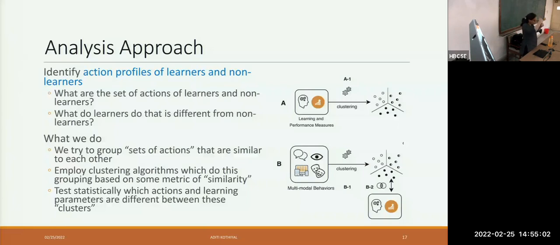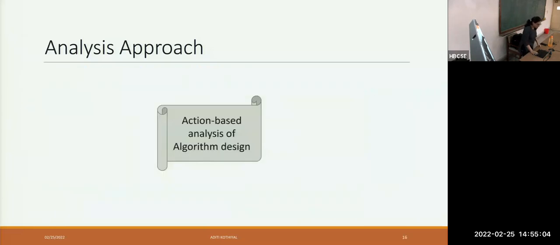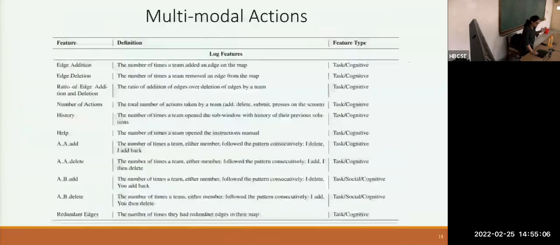No, so the whole set which we had, all of these actions together, there were 25 actions in all. This is considered one data point. That's the multimodal part of it. So all of these actions are considered together in this 25-dimensional space.